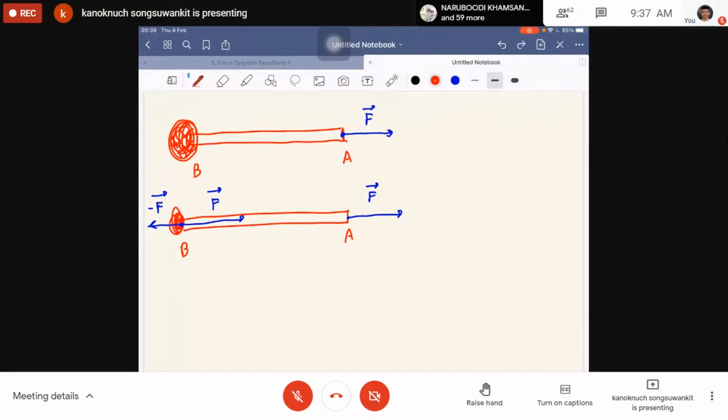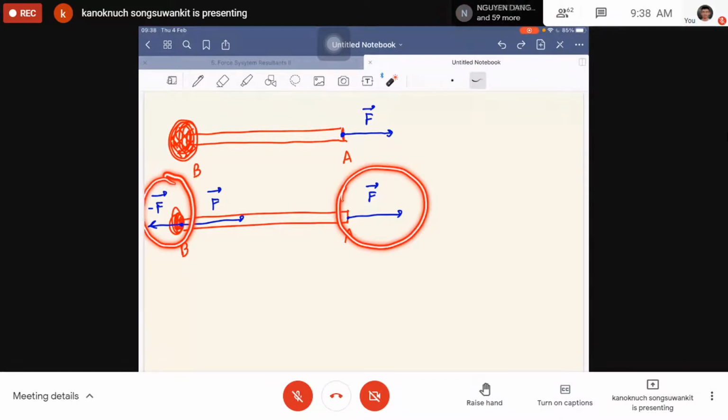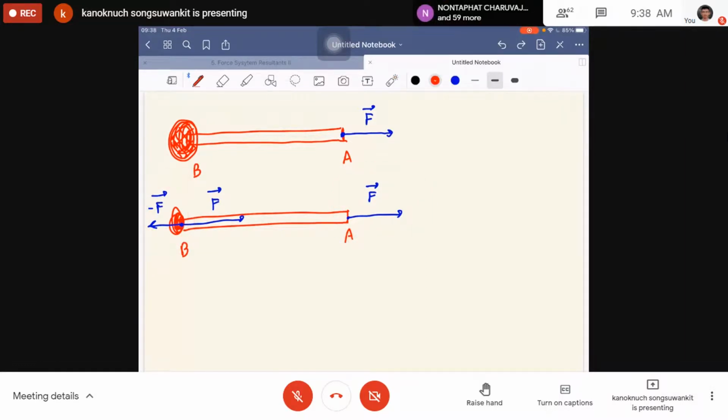So what's next? You can see that this force minus F and this force F can cancel each other. This pair can cancel each other.